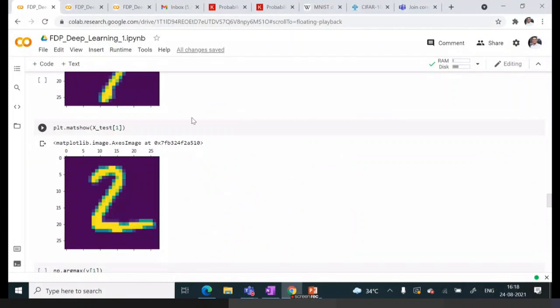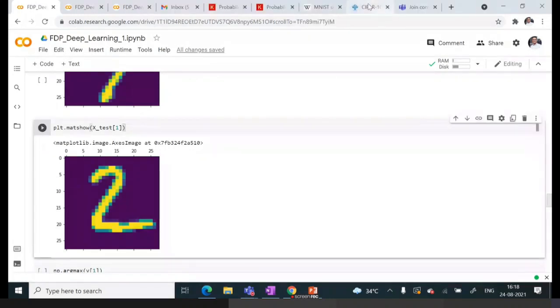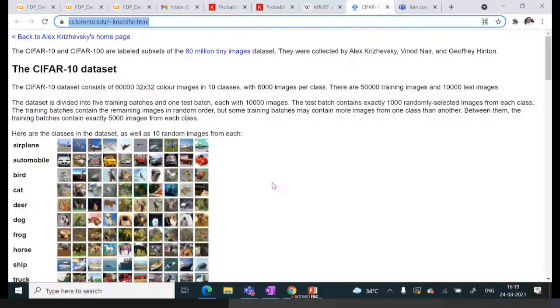Right? So this is with respect to the MNIST dataset. Now we will consider one more dataset, which is CIFAR-10. What is the difference between MNIST and CIFAR-10? MNIST was black and white, but CIFAR-10 is color. And there is a change in image size also. The image size is 32 cross 32 in the case of CIFAR-10, whereas in MNIST it was 28 cross 28. And here also there are 10 classes.